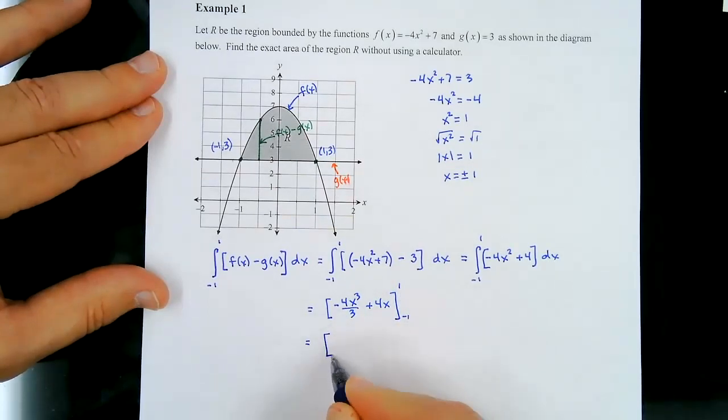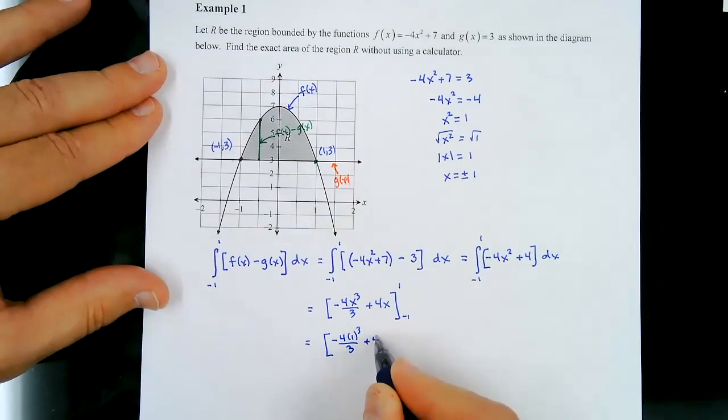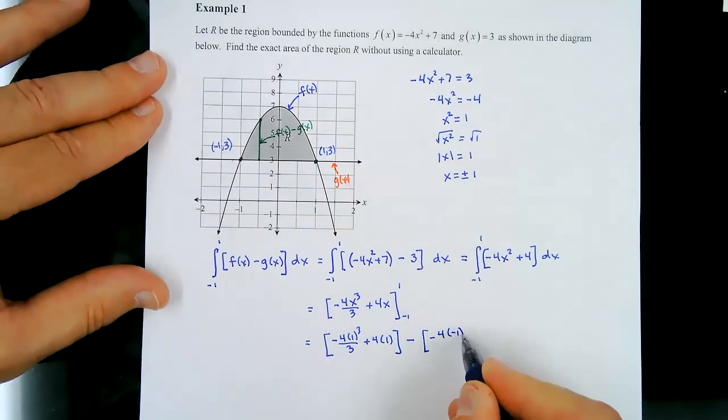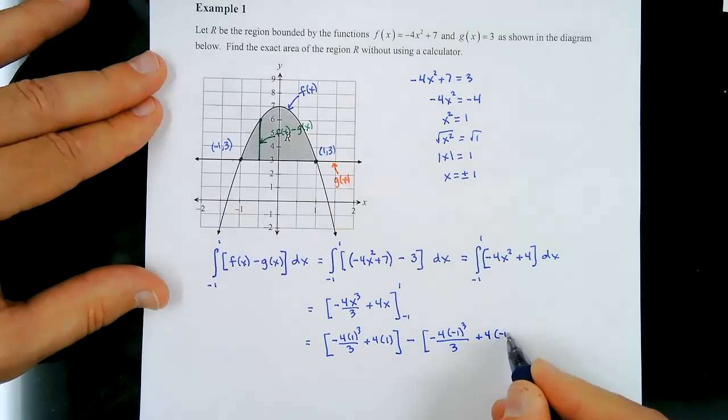So that's going to be negative 4 times 1 cubed over 3 plus 4 times 1, and then minus, and now we've got to put negative 1 in. So that'd be negative 4 times negative 1 cubed over 3, and then plus 4 times negative 1.